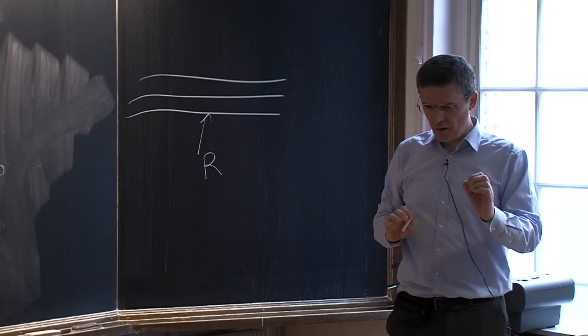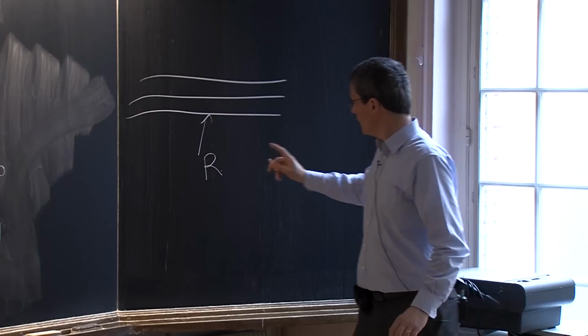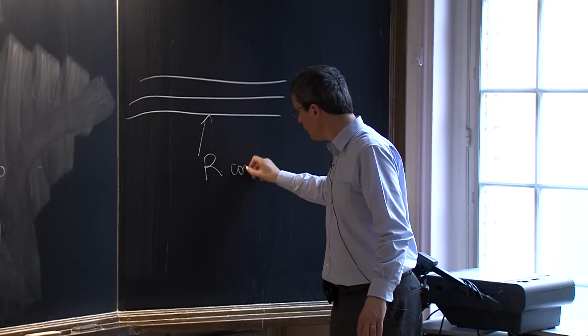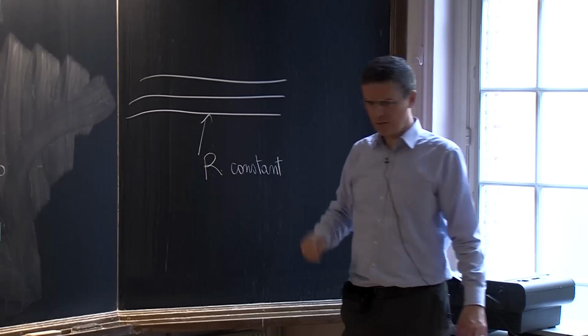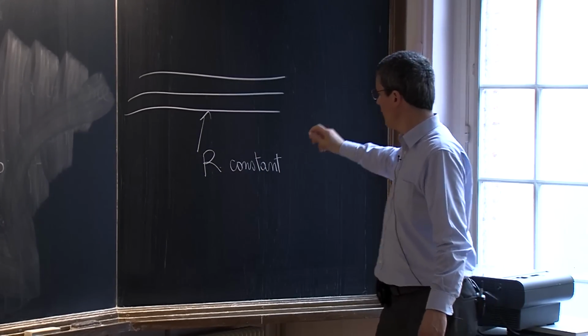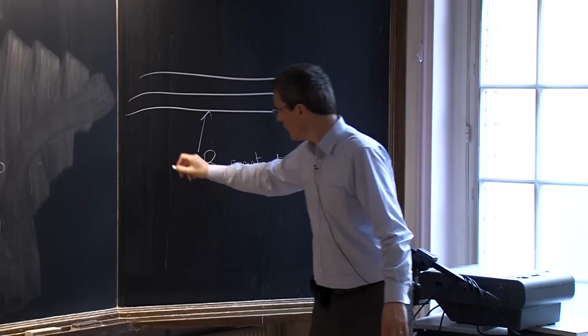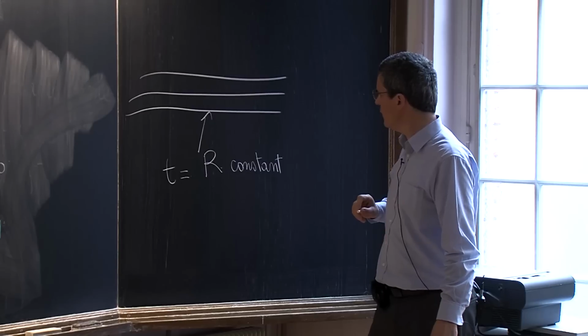So we look at the area of these T2 orbits, and we can arrange the foliation in such a way that this R remains constant on the slice. Right? So this is a way that we will foliate T equal constant, and we will choose the time function to coincide with this quantity.